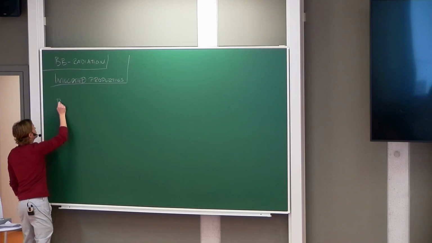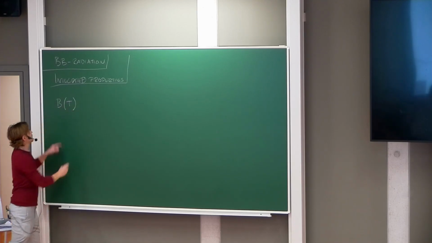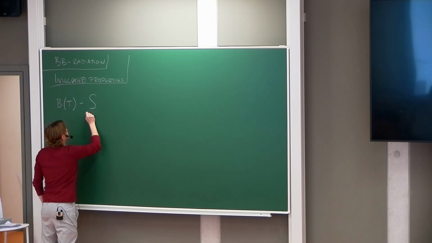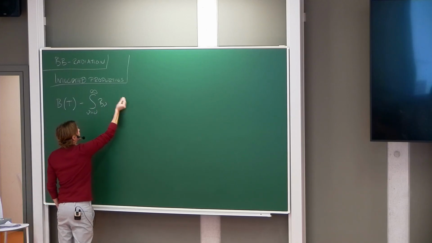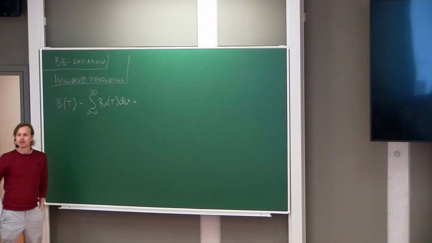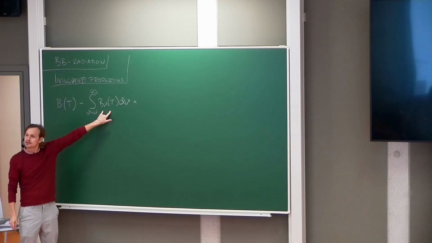Well, if you have a given temperature, then the integrated blackbody radiation law is just the Planck function at a given temperature integrated over all frequencies. Remember, there was no angular dependence in the Planck function. That will come back several times today. It's isotropic.